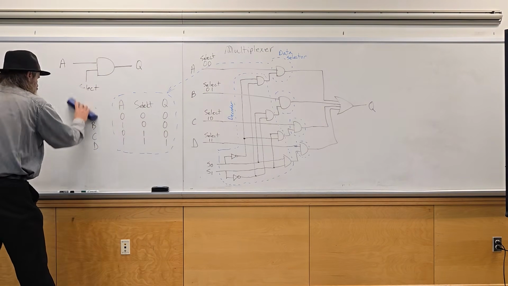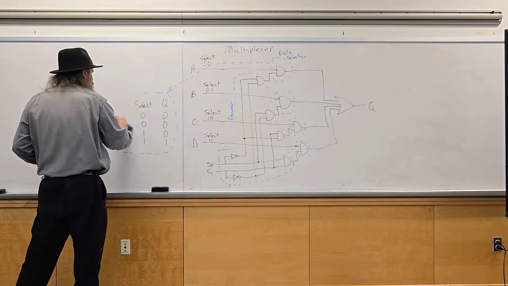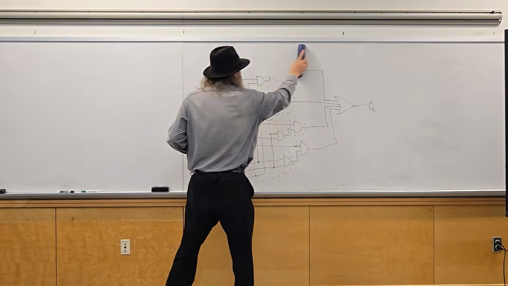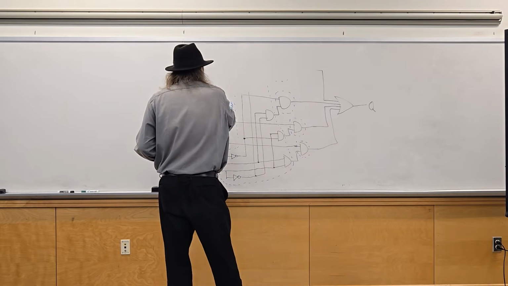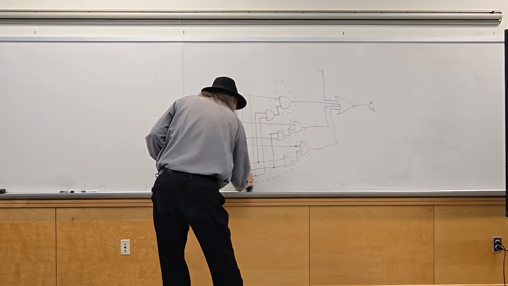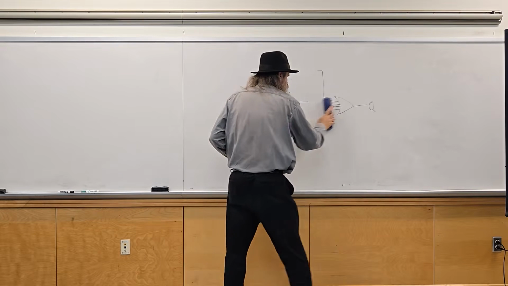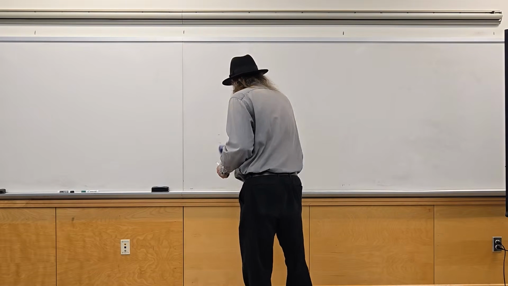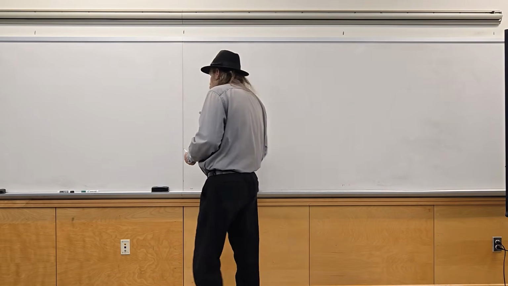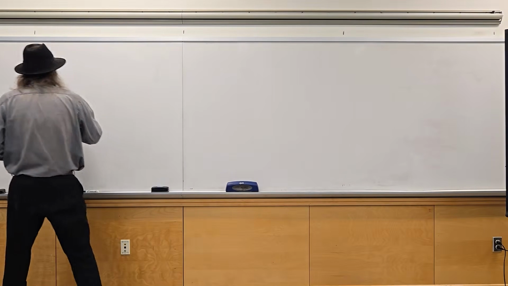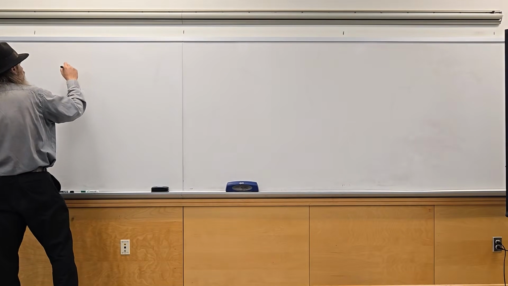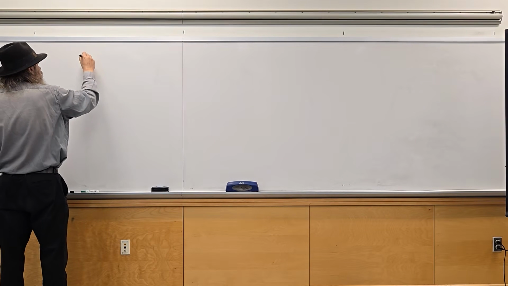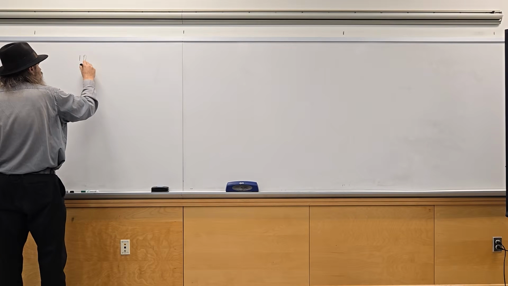Let me get rid of this. All right. Now, multiplier, let's look at just 2 bits. 1, 0 times 1, 1.